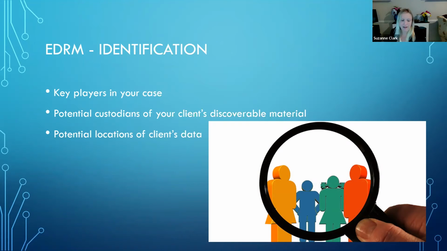I have an iPad, an iPhone, my personal laptop, my work laptop, I use Dropbox, Google Docs, things like that. That is my information governance. It may have absolutely nothing to do with any litigation I'm in, but those are my places. So we've got to get with our custodians and the people that know about our case and identify information.